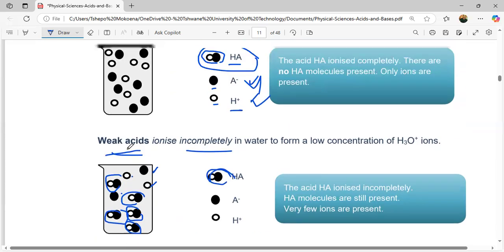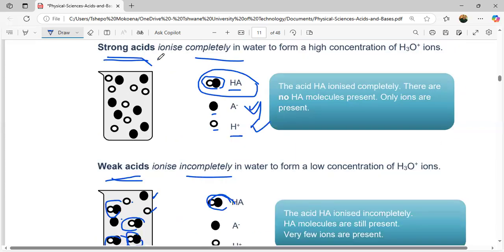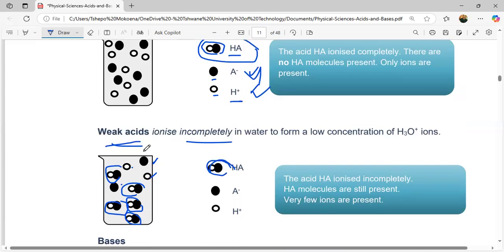So it must make sense why we say a strong acid or a strong base is a good conductor of electricity, because we have more ions than in a weak acid. In a weak acid, we have few ions. It didn't dissociate, meaning our acid or our base did not ionize completely.